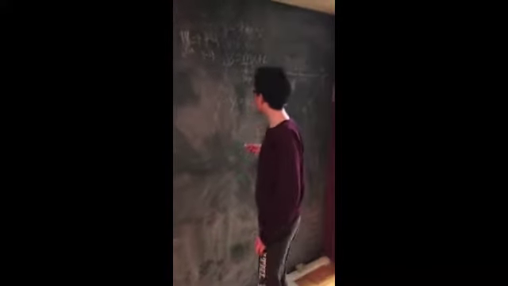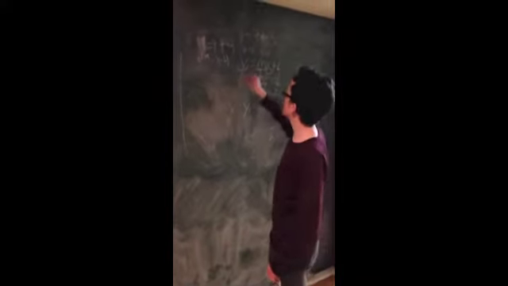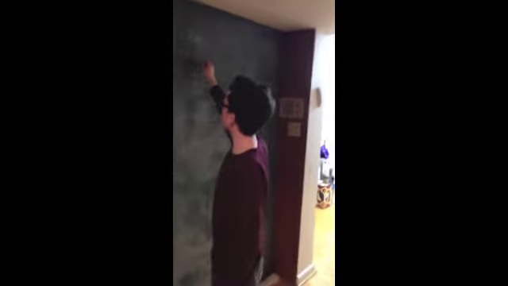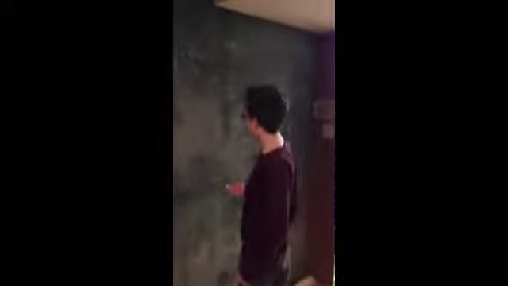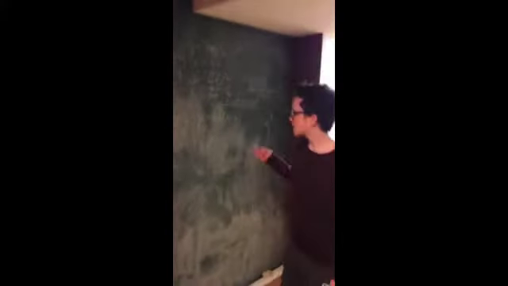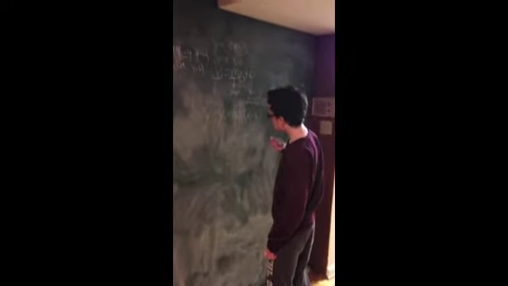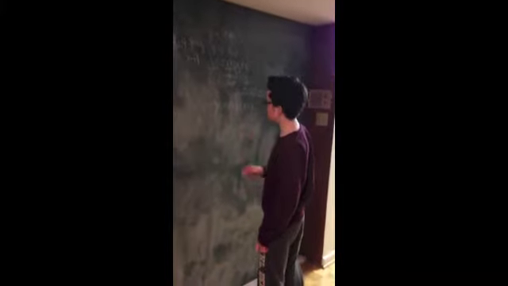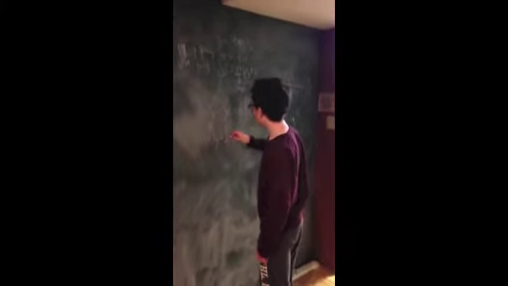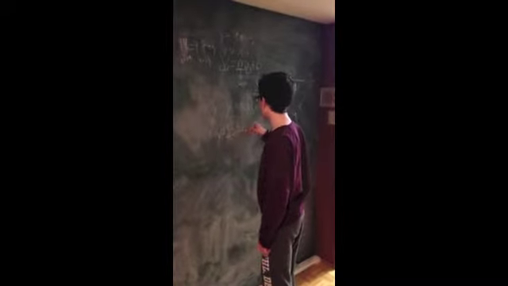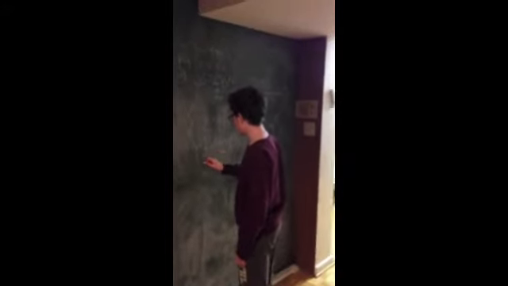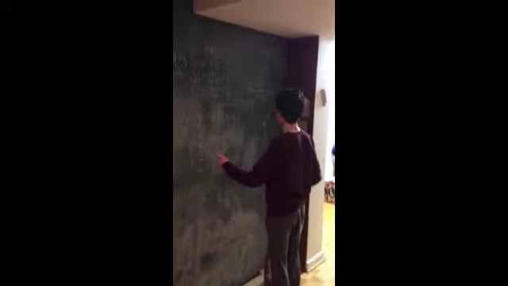Now, for instance, sticking with y1 of 15 and x1 of 3, let's take an x value of 7. y minus 15 equals m times 7 minus 3, with the slope of 4.